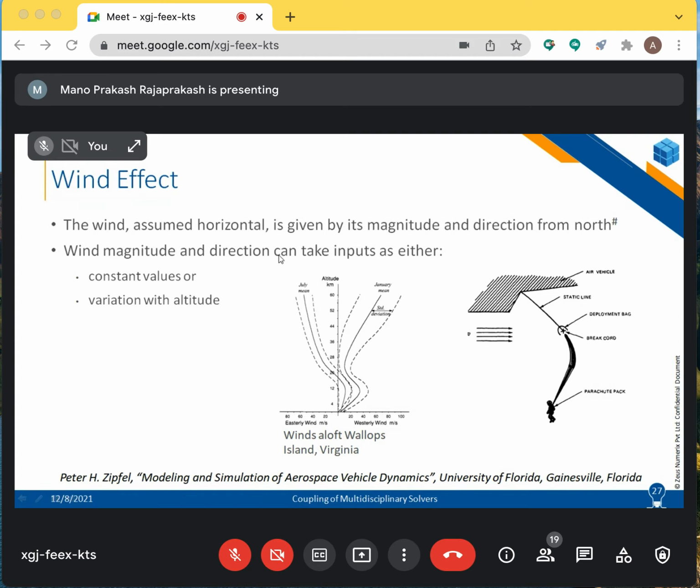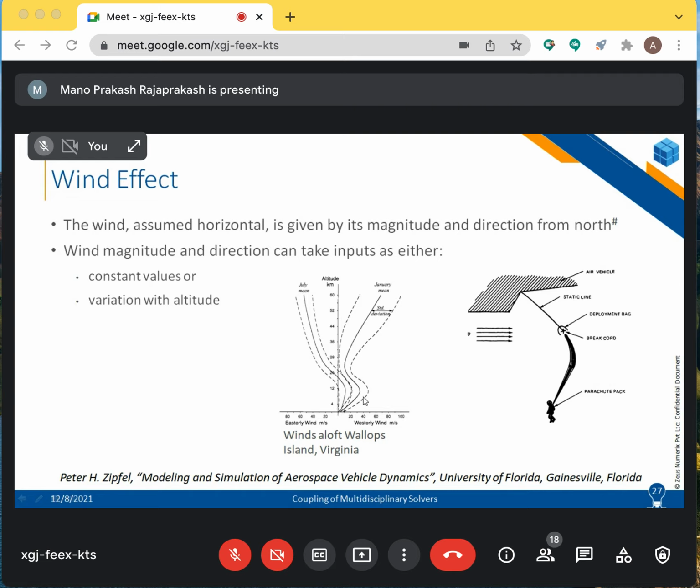Wind direction is usually given either as a constant value or, as I told, it can have a variation with respect to altitude. In this example image, the x-axis is the wind velocity and the y-axis is the altitude.